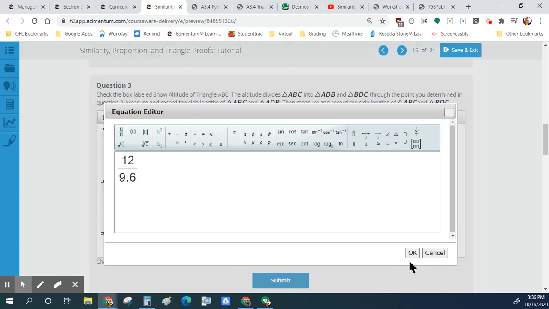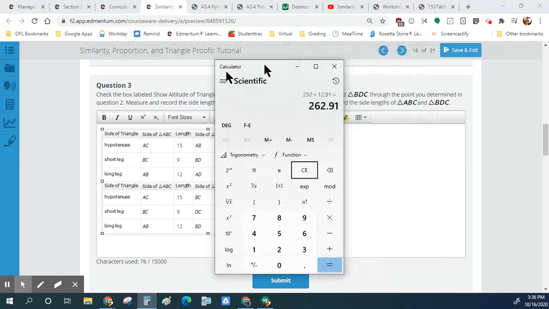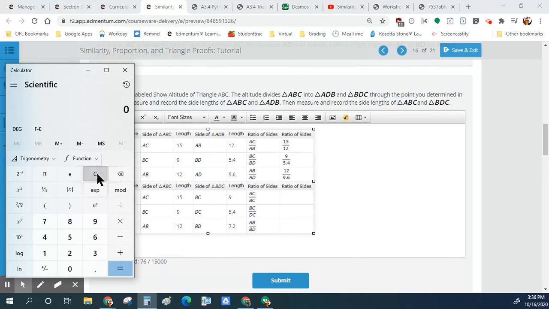Now, one thing they don't mention for you to do is they never really said plug it into a calculator. That's a giant flaw in their logic, because if you do it on a calculator, you get 1.259 divided by 5.4. That should have been 1.25. We'll get back to that one.